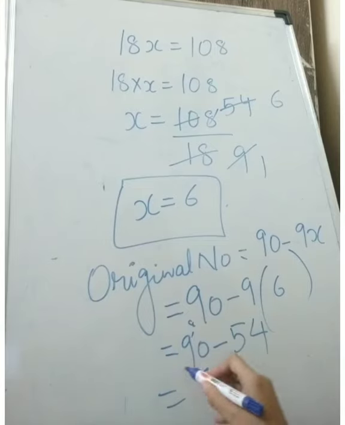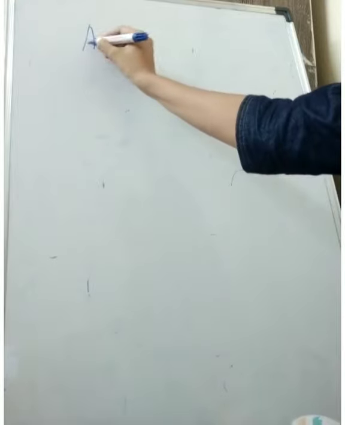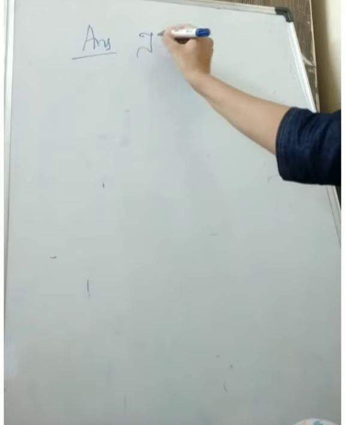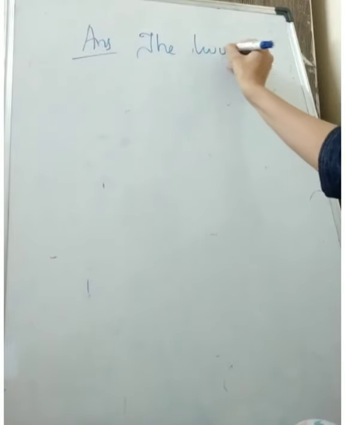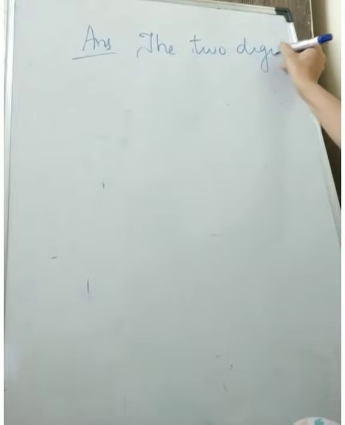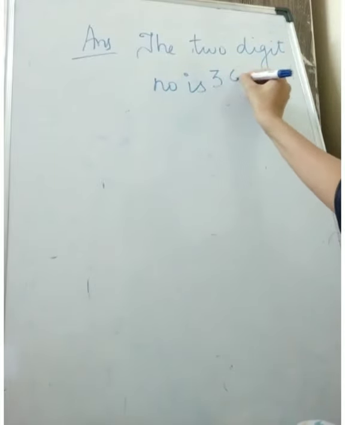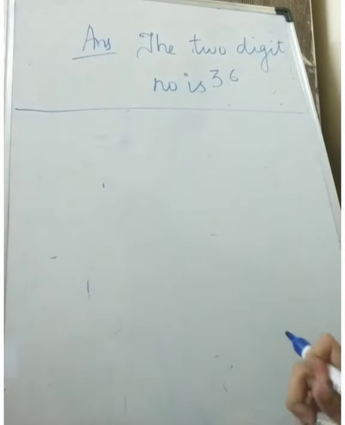So the original number is 36. Now we have to write the answer, that is, what is the 2-digit number. So the 2-digit number is 36. I hope it is clear. Okay, thank you.